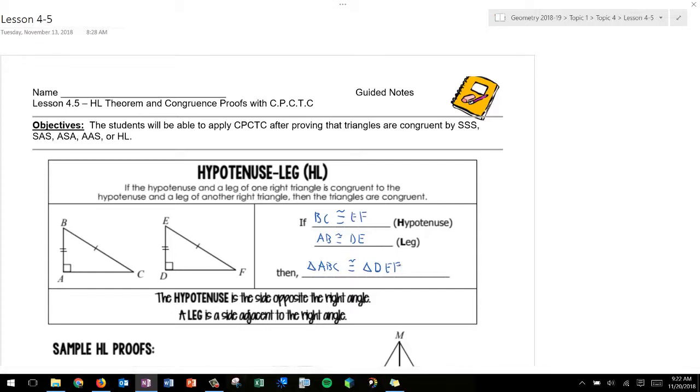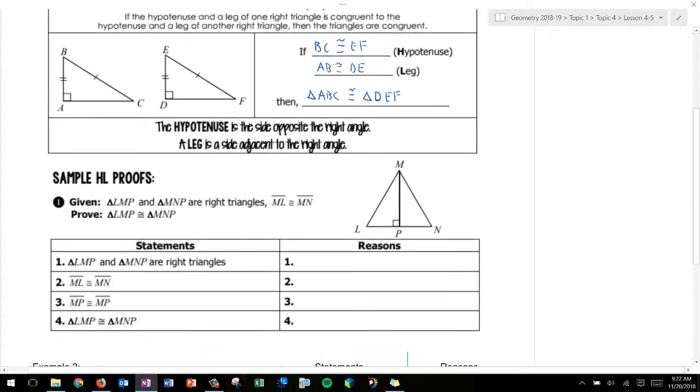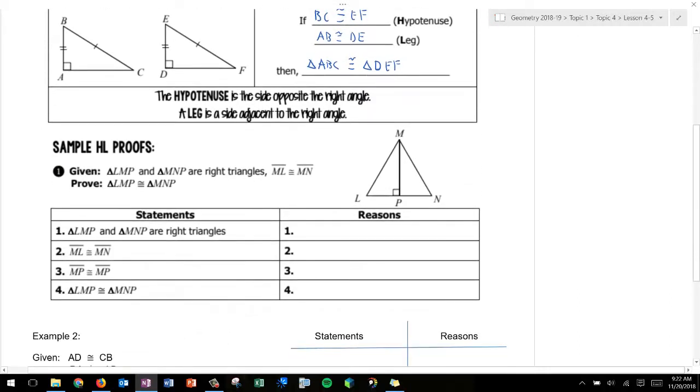So as we've seen in class already, you're going to have these proofs. We've got 2 column proofs here, and in this first one they've given us a bunch of information, and we're going to work through it very quickly. They gave us that these 2 are right triangles, so that was given to us, and they told us that ML, this line here, and MN were congruent. So that was also given.